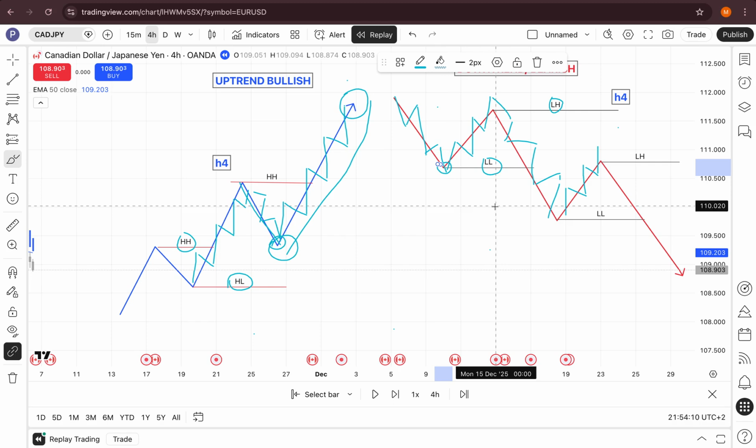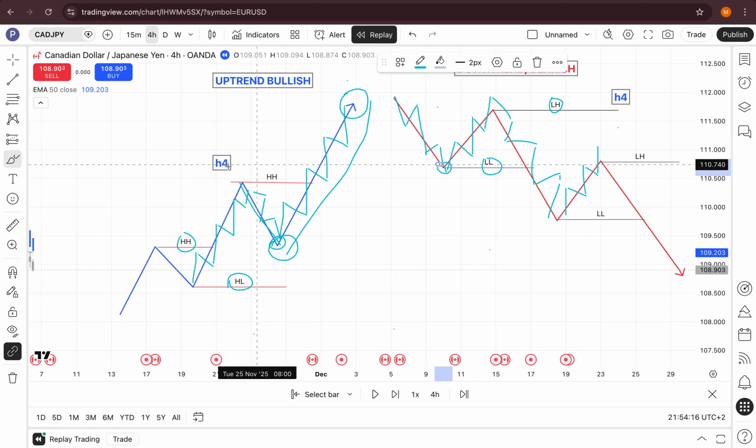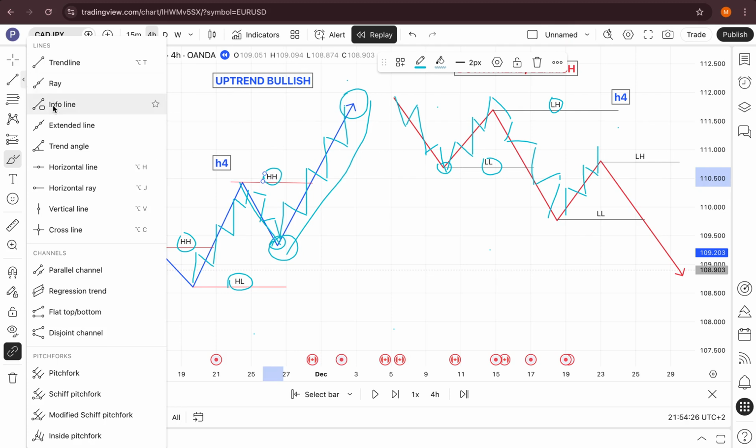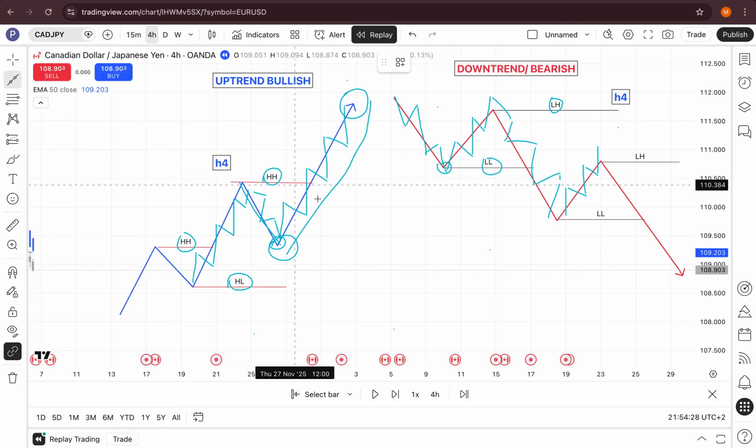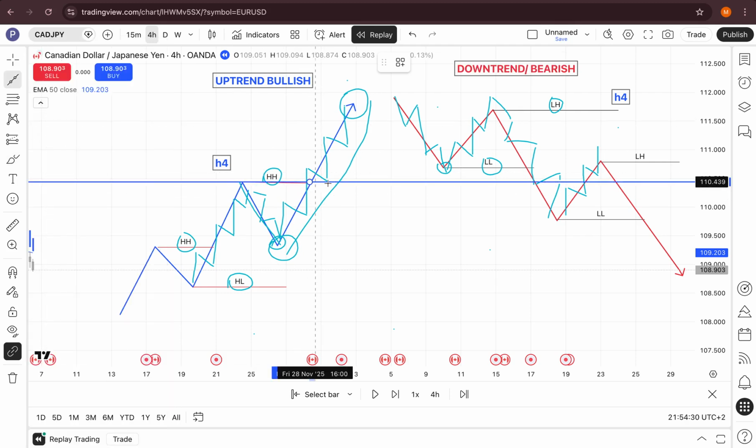We have what we call break of structure. A break of structure happens when we are in an uptrend and a previous higher high is broken above by the market, and that is called a break of structure. For example, it happened right here.